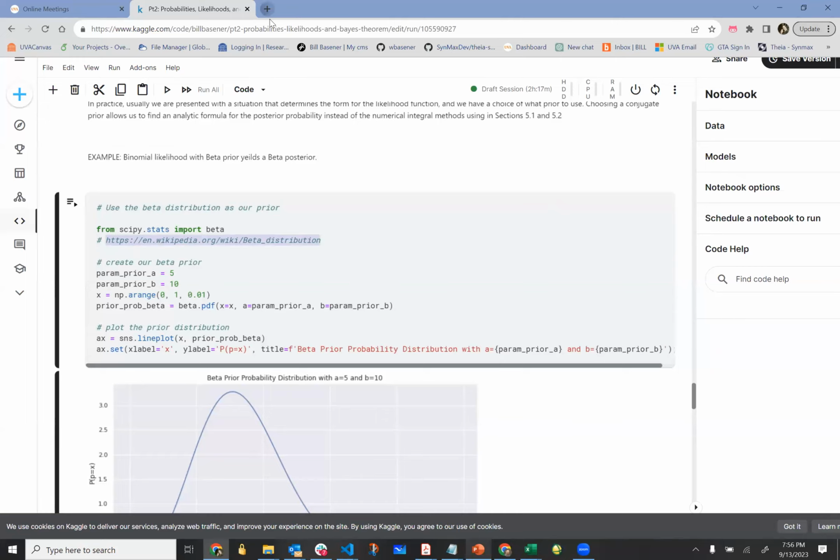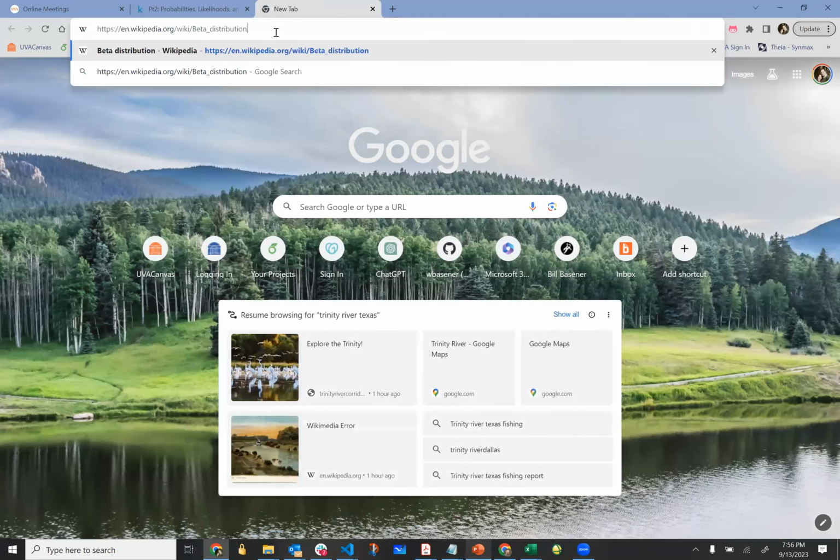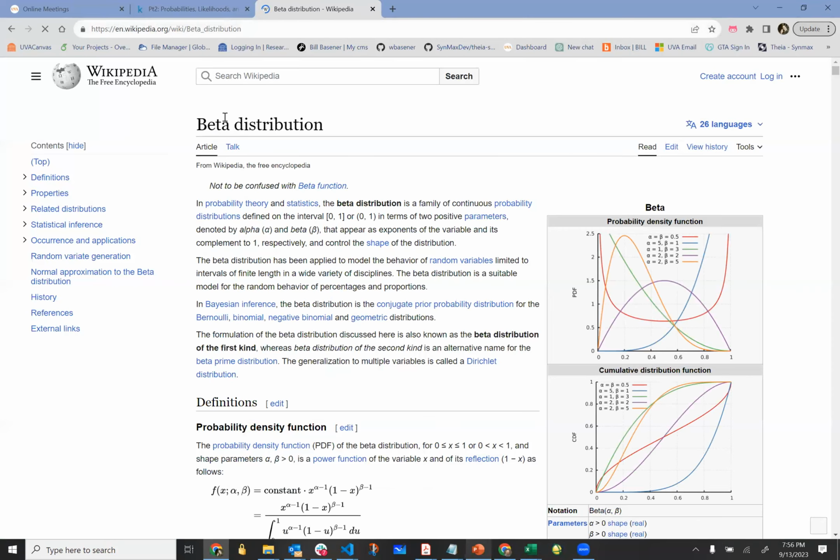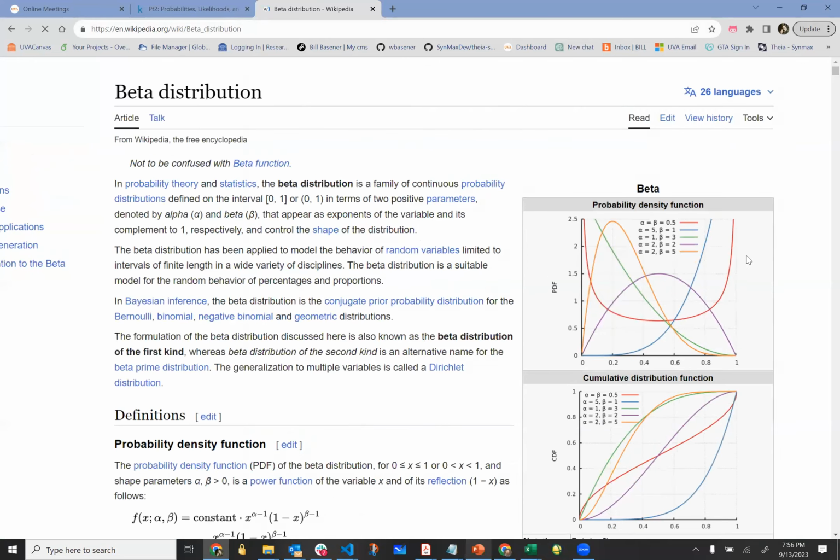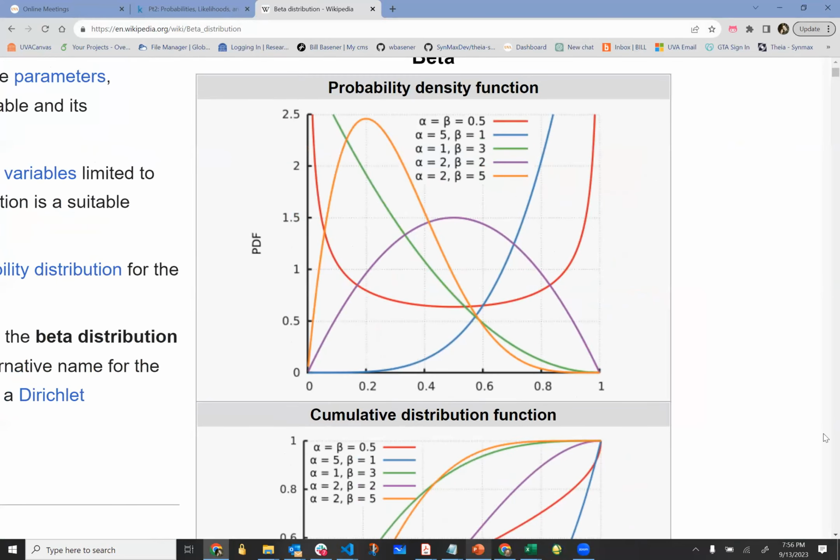If you do a search and you see beta distribution, this plot tells you most of what you need to know. There are two parameters, alpha and beta. If they're equal to each other, like in the red, both 0.5, you get a lot of probability near 0 and near 1 and not so much in the middle. That's saying I have a coin, I don't think it's fair. It's either close to 0 or close to 1.